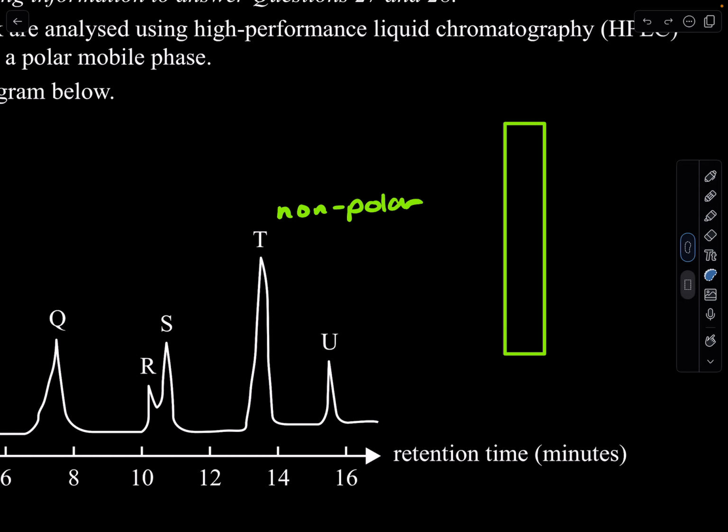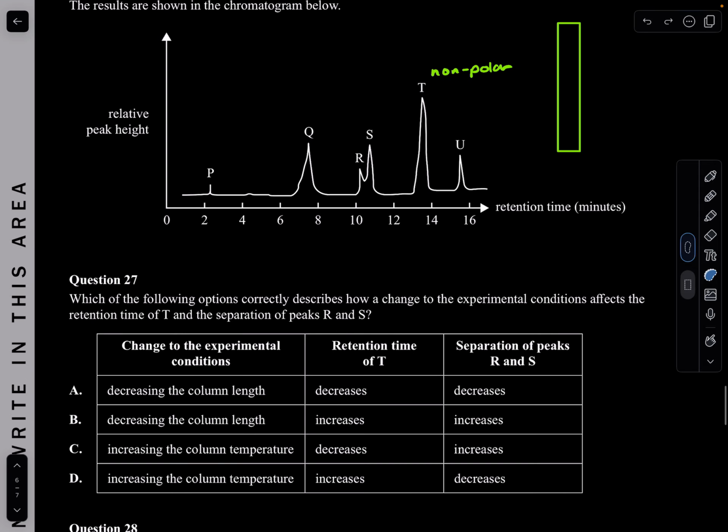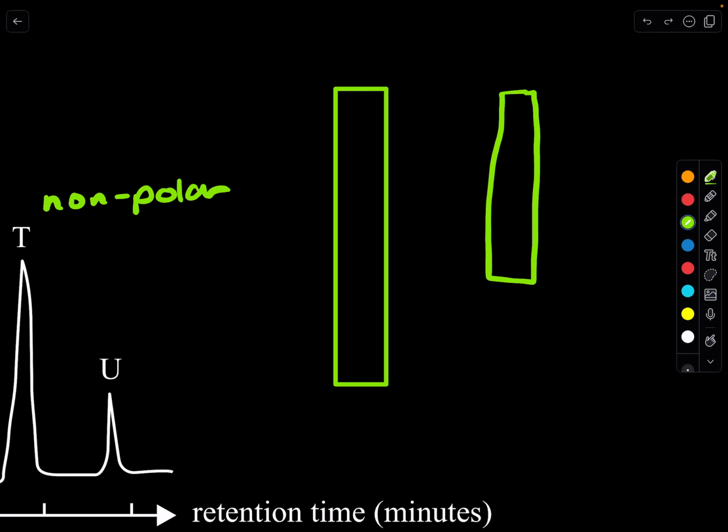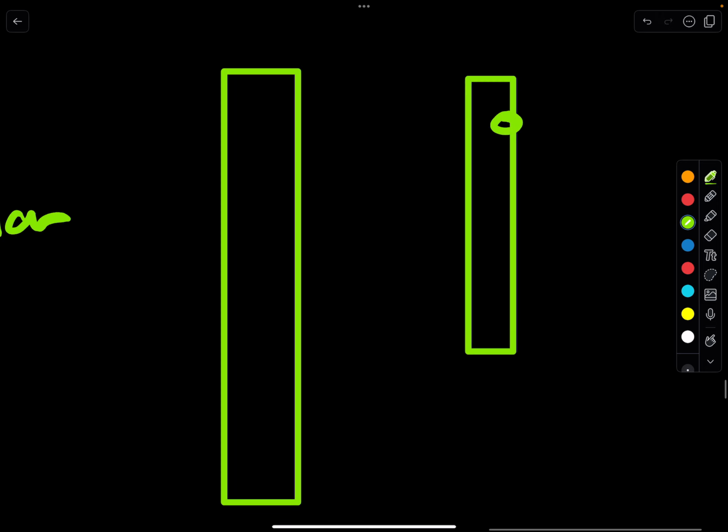But what about if we decrease the column length? Let's have a look at this. Again, it's very bonded to that stationary phase, but its retention time will decrease, because the length is much less, so it doesn't have a lot of time bonded.